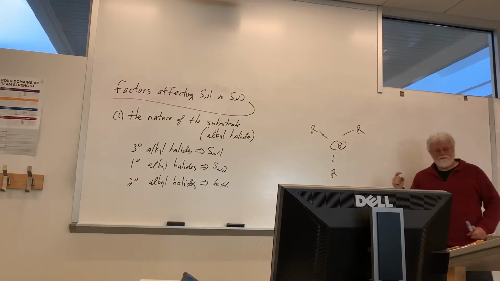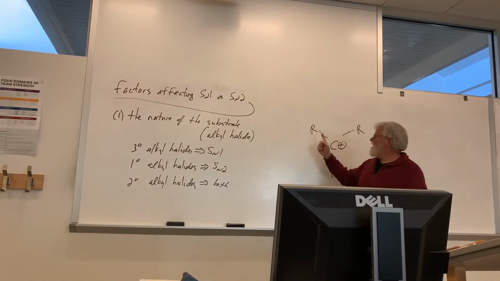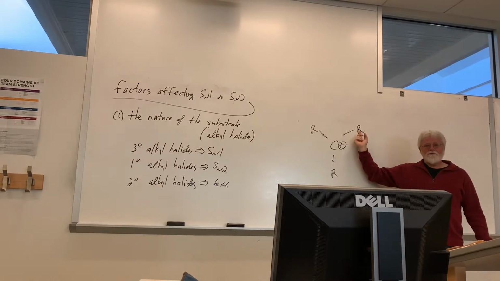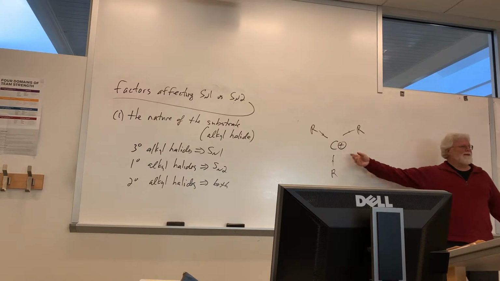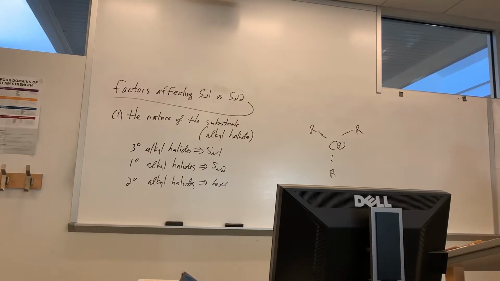Okay, that's the dominant factor. It can go SN2 because minimal steric hindrance. Having a couple of hydrogens on the alkyl halide rather than alkyl groups means less steric hindrance for the nucleophile to get in there.